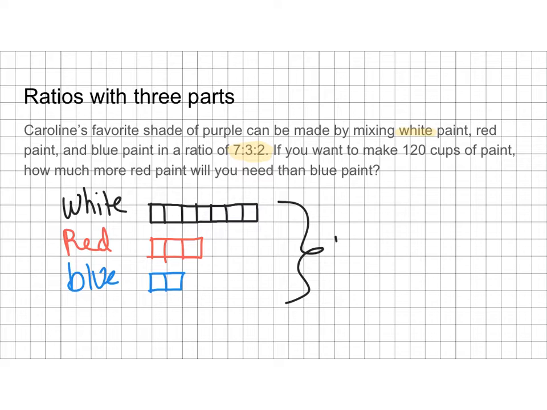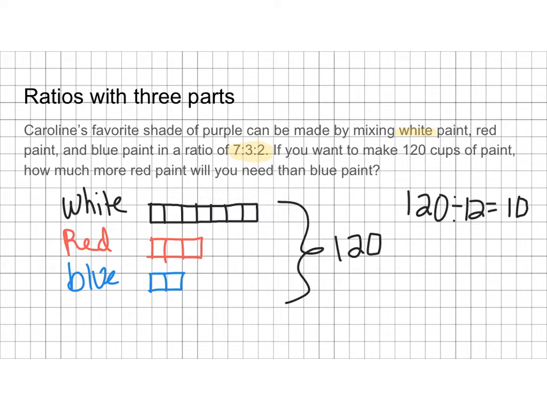And we know that we're looking at 120 as our total amount. But right now on our tape diagram, we have 7 plus 3 plus 2. That's a total of 12 boxes. So we're going to do 120 divided by 12, which gives us 10.